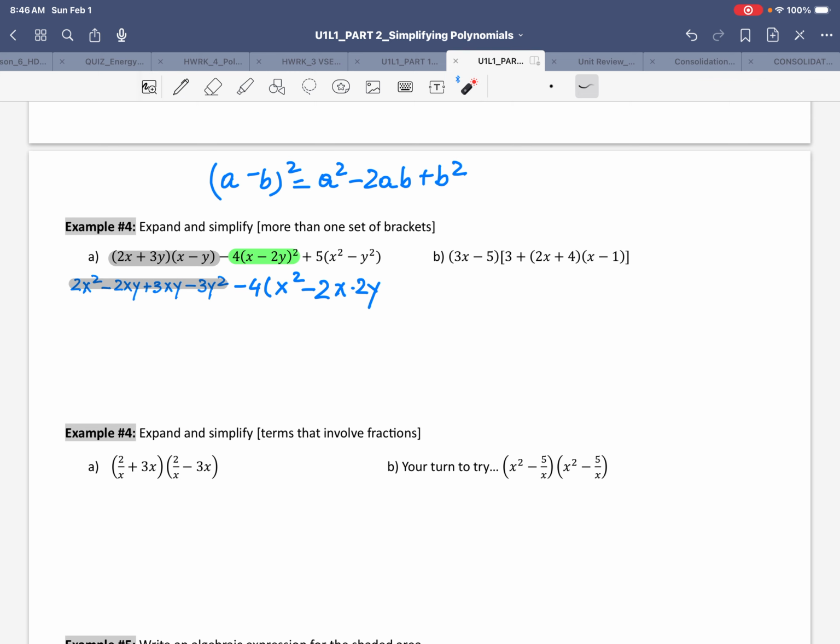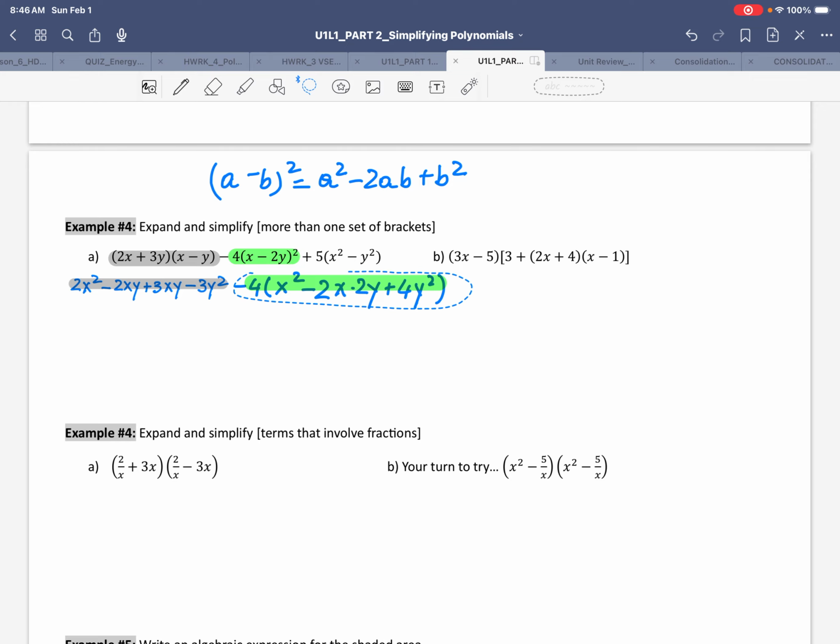Now remember that the negative sign is carried over right here. Okay, and lastly we have the second term raised to the power of 2, so b squared. In our case we have 2y squared, and 2y squared is 4y to the power of 2. Close the brackets, and that would be our second expansion.